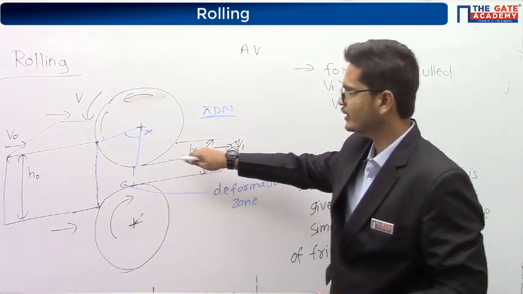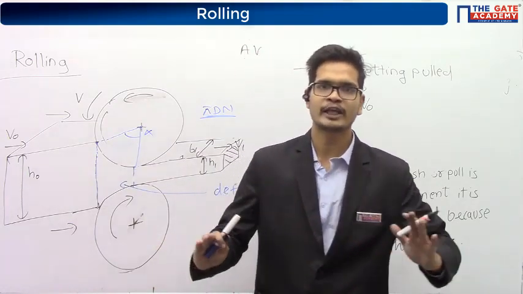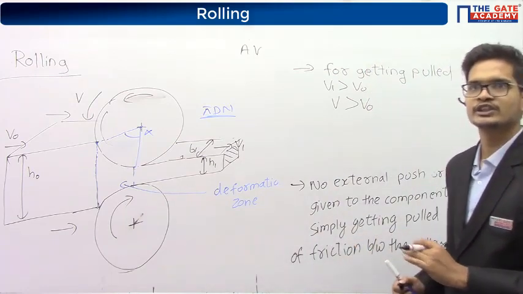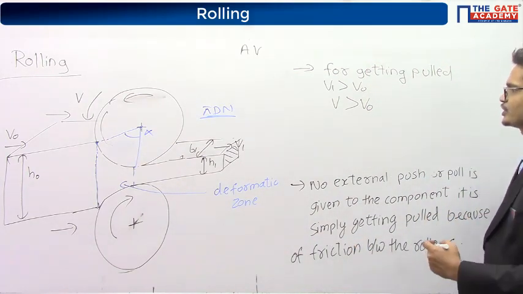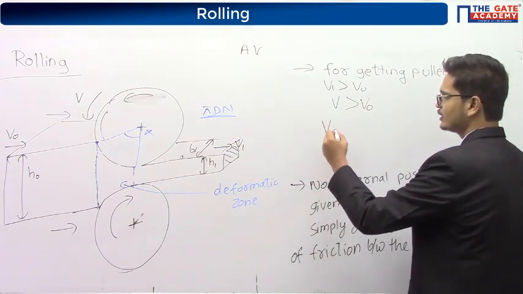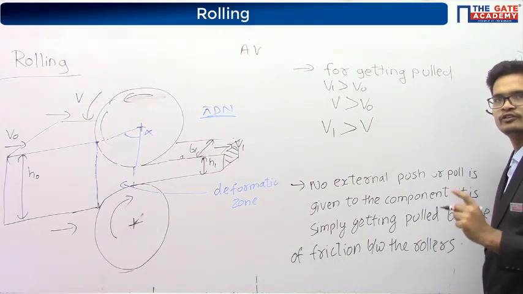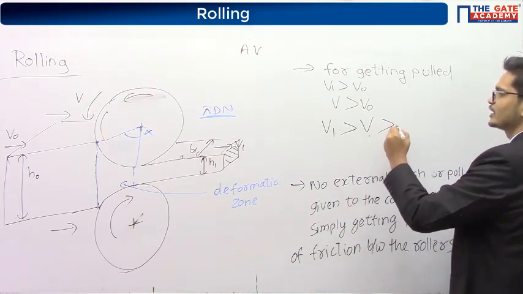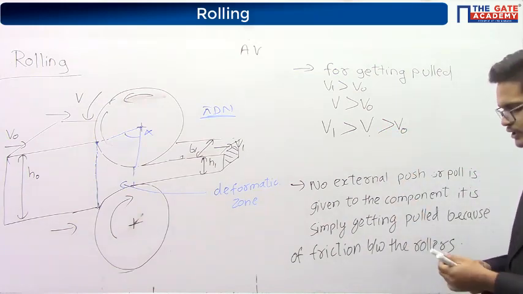The final velocity will be greater than v naught and v, because we are applying two velocities along the same direction, so their combined effect will be an even higher velocity. So v1 will be highest. It will be greater than v, and v will be greater than v naught. So this is the relation between all three velocities.